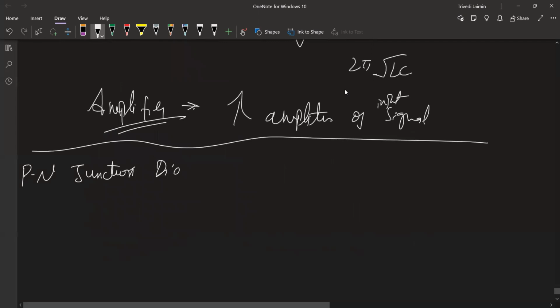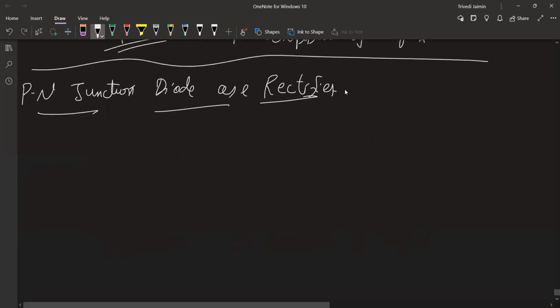PN junction diode as a rectifier. How would it be used? It converts AC to DC.